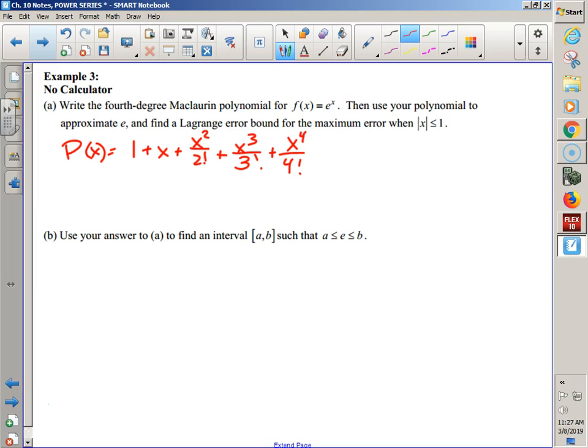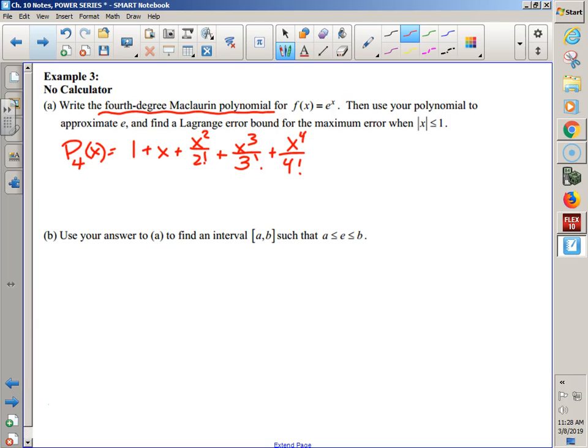It said fourth. So are we seeing the difference in how they're wording the question? It's a 4th degree. It doesn't say the first 4 terms. The last one said the first 4 non-zero terms, which ended us at the 6th degree, which was weird. So just keep an eye on the wording as to what's going on.